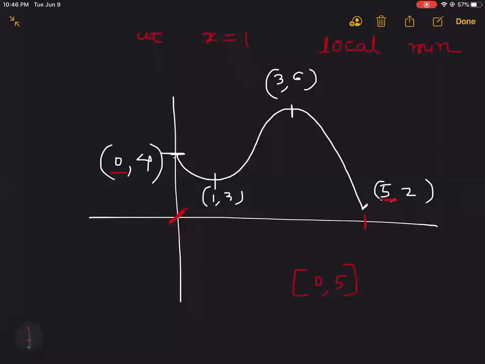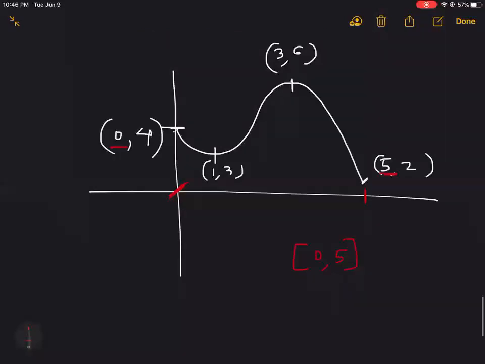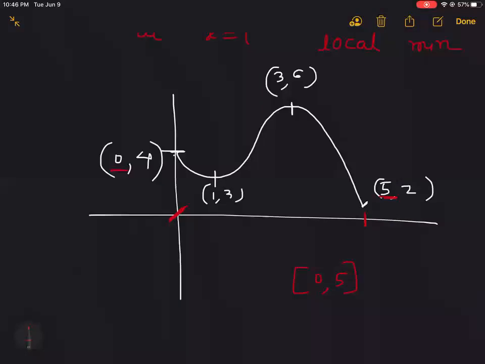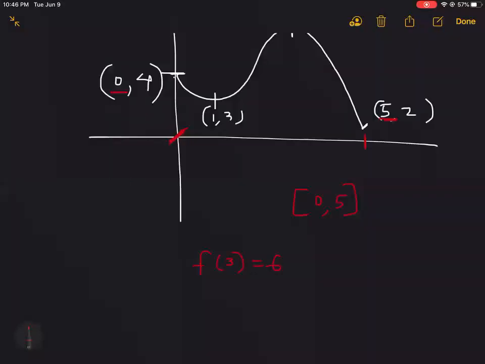Now within this interval, we want to find a point at which the functional value is bigger than everywhere else. Okay. So if we eyeball this, we can see this is the highest peak point, right? This is the peak which looks taller than the rest. So we'll say that at f of 3 we have a value of 6, which gives us the absolute maximum.